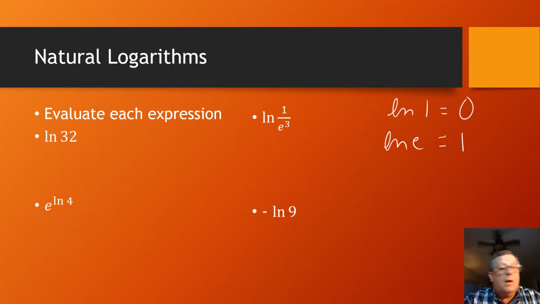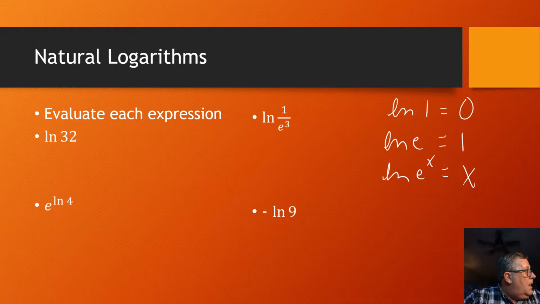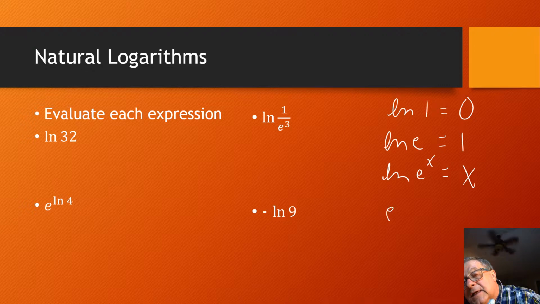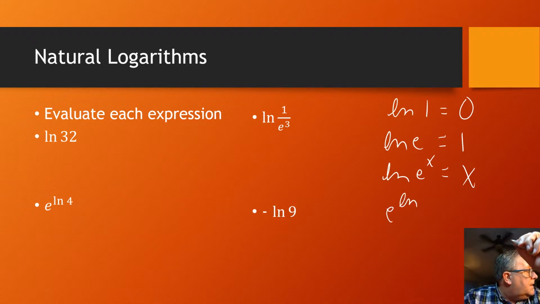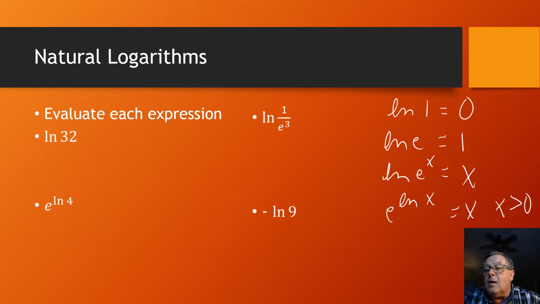If we got the natural log of e raised to the power of x, that's just going to equal x. And if we've got the natural base e raised to the power of the natural log of x, that also is going to equal x as long as x is greater than 0. Can't take the log of a negative number.